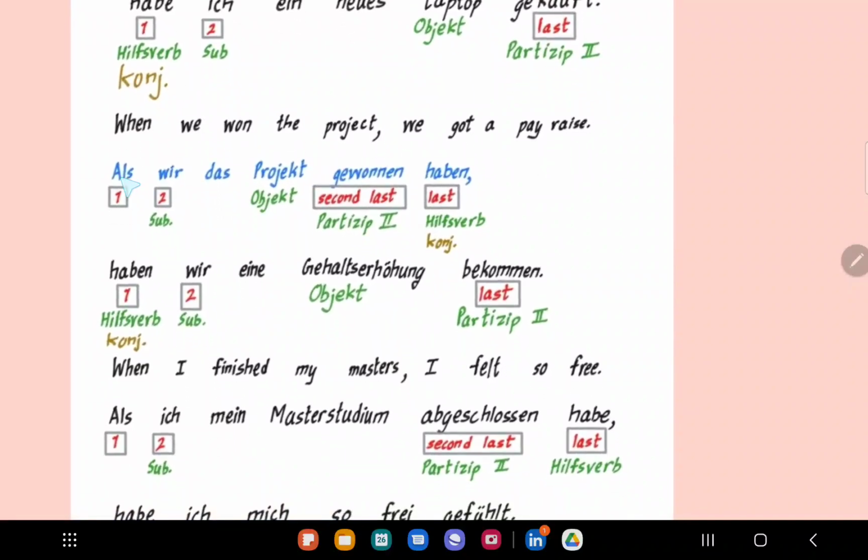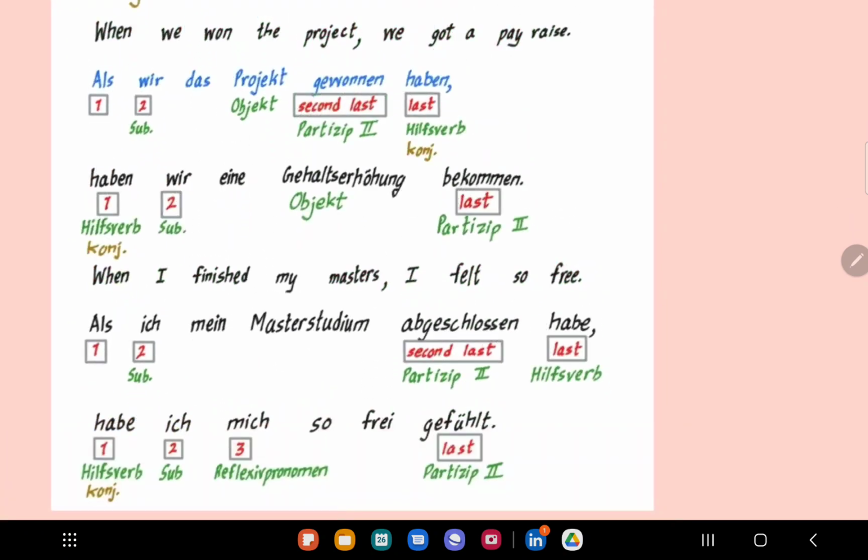When we won the project, als wir, the verb which was supposed to be here goes here. Als wir das Projekt gewonnen haben, haben wir eine Gehaltserhöhung bekommen. Check here, position of subject and the helping verb have been interchanged. When I finished my master's, als ich mein Masterstudium abgeschlossen habe, the habe which was supposed to be here, ich habe, goes to the last position because you have als over here.